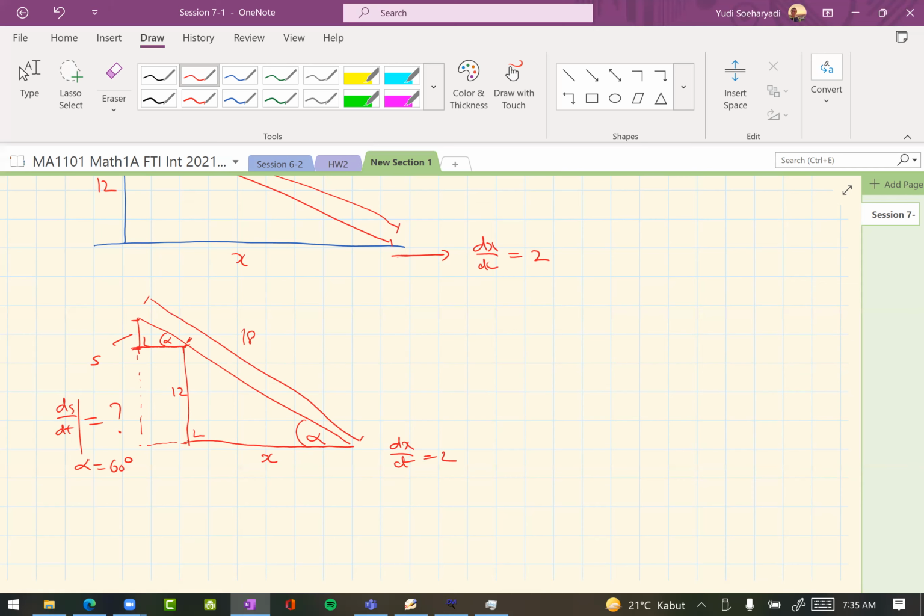Let's see how to find it out. Any idea? It's more elaborate because you have two or three triangles here. Or you can draw this by this one.